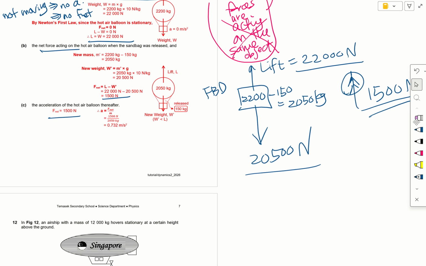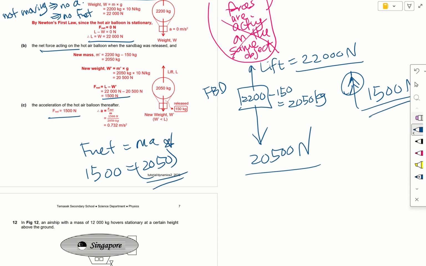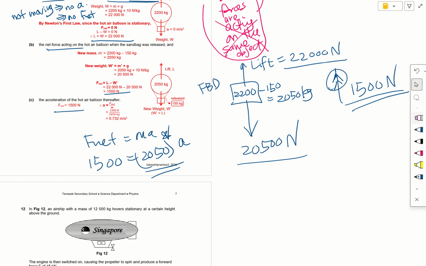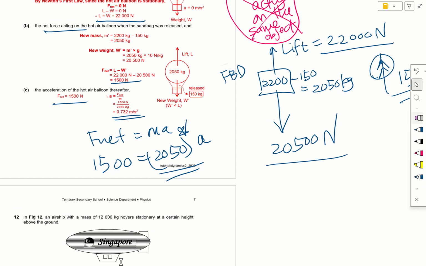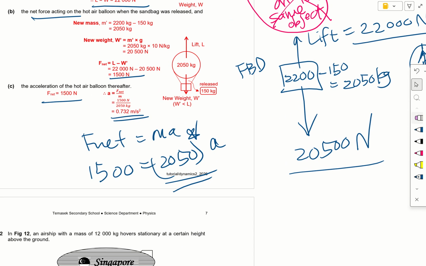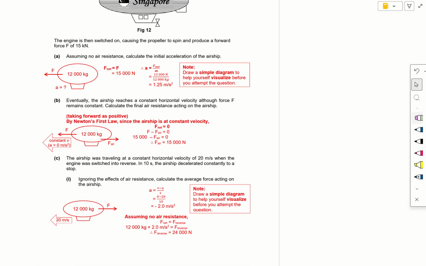So now F net equals ma, with my net force. My mass, take note, has to be the new mass, which is 2050, very important, right? You cannot still use the 2200. Then I can get an acceleration of 0.732. Okay, so please check your answer.